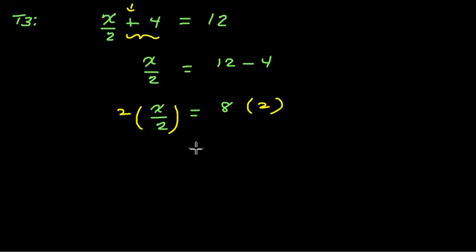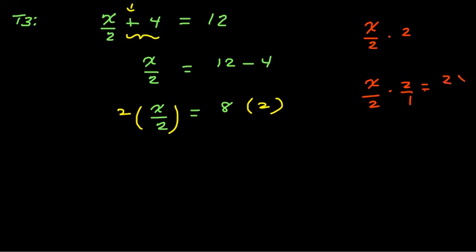Now, quickly, let me show you what I mean by it cancels. If I have x over 2 and I multiply that by 2, that is the same in terms of fractions as x over 2 multiplied by 2 over 1. A whole number is just that number over 1. And when we multiply fractions, we multiply the numerator and the denominator.